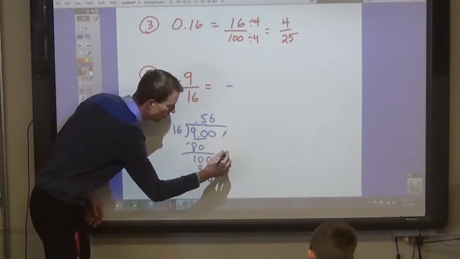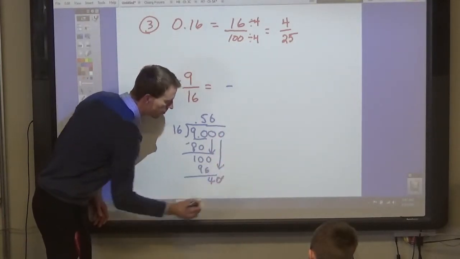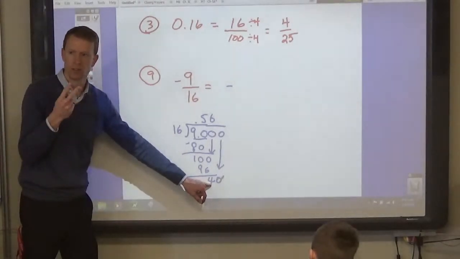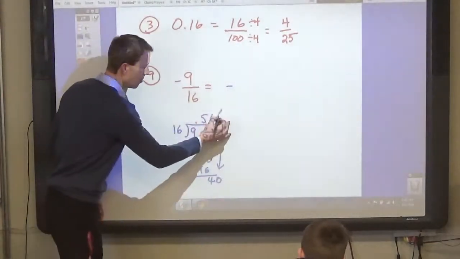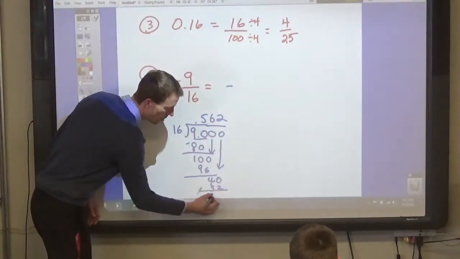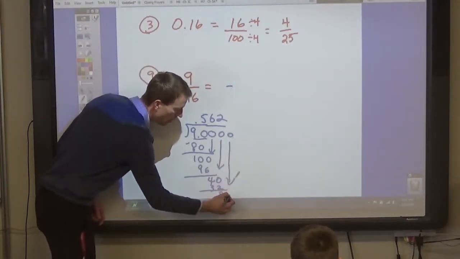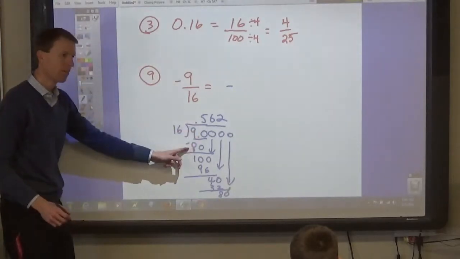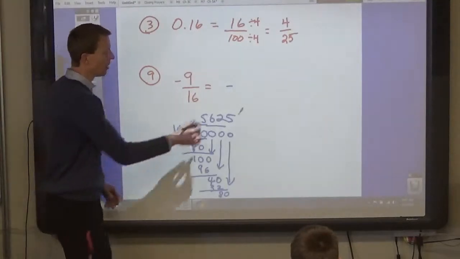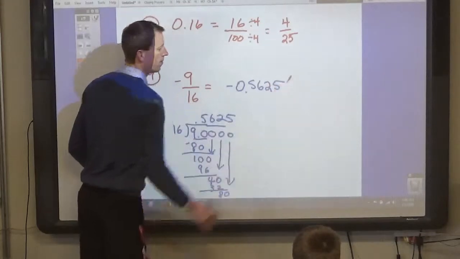Bring down another 0. 16 into 40 would go 2 times. 2 times 16 is 32. Remainder 8. Bring down another 0. And we already know that 5 makes 80. So this is negative 0.5625. Okay?